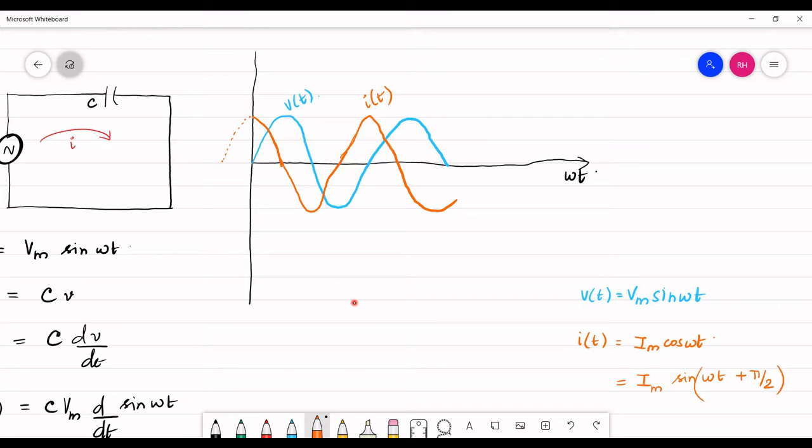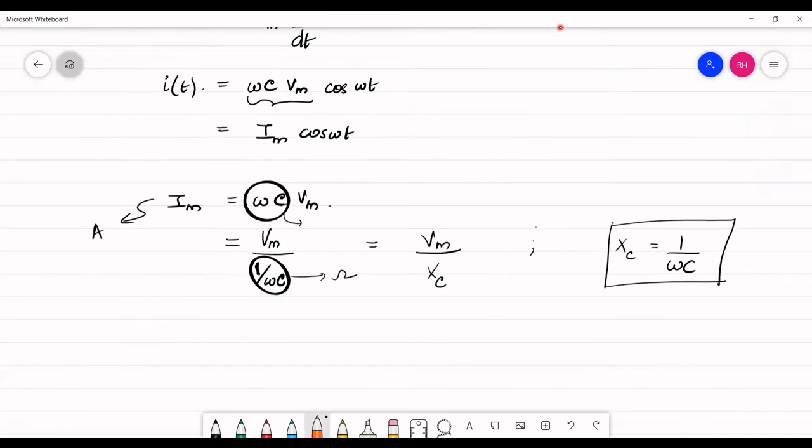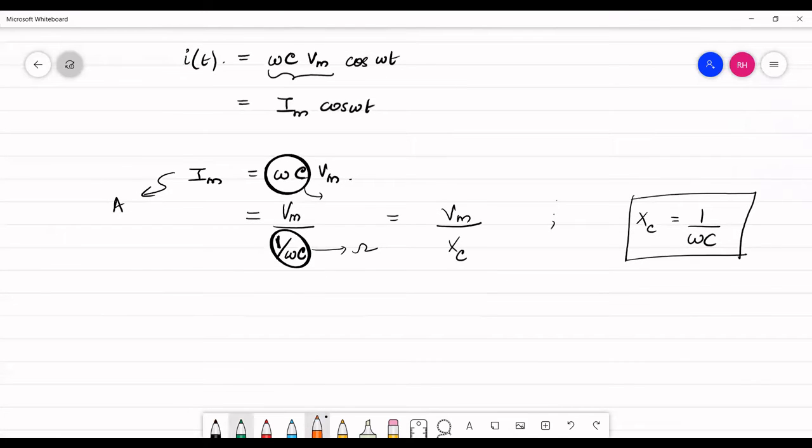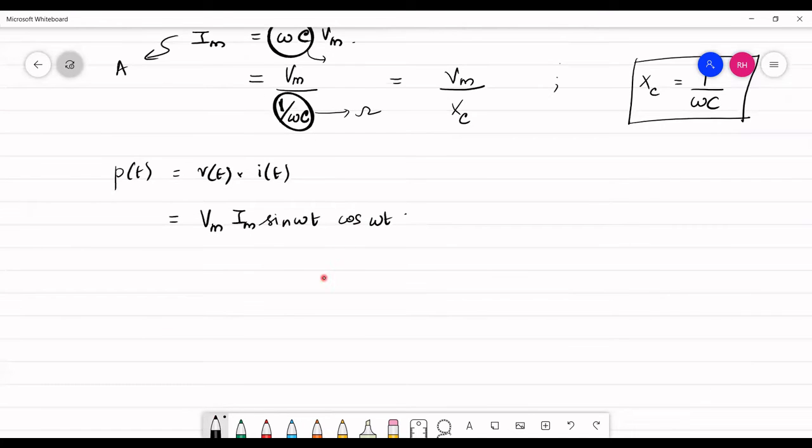Now let's derive an expression for the power. The instantaneous power P of t is V of t into I of t. V of t is Vm sine omega t and I of t is Im cos omega t. Sine omega t into cos omega t is sine 2 omega t divided by 2.